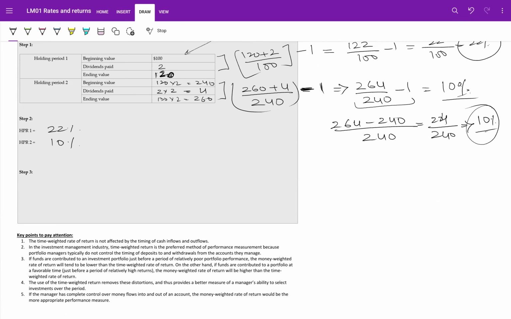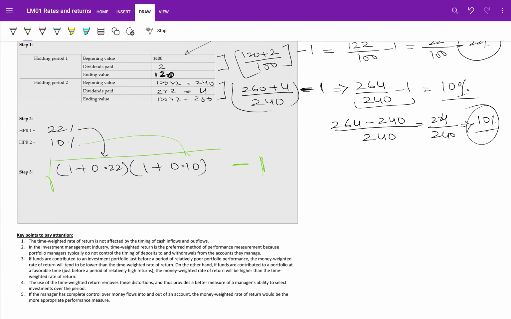So geometric mean means 1 plus 0.22, 1 plus 0.10. This actually I have converted into percentage. And we take the square root of it. We subtract 1 out of it.